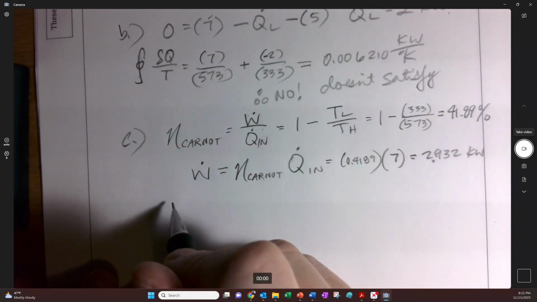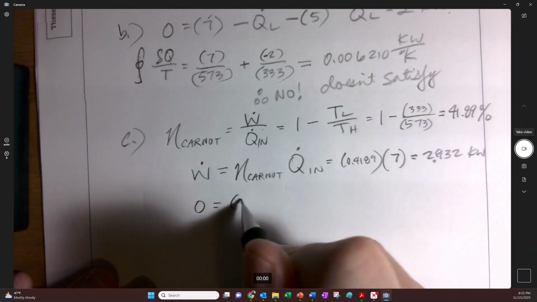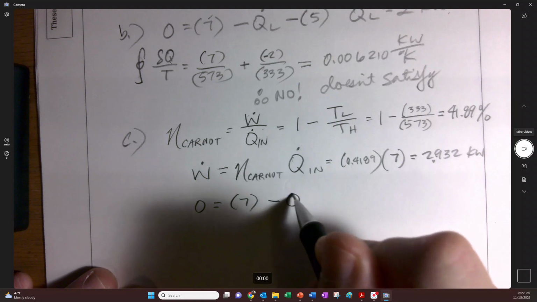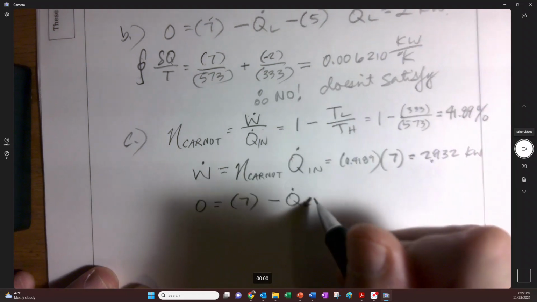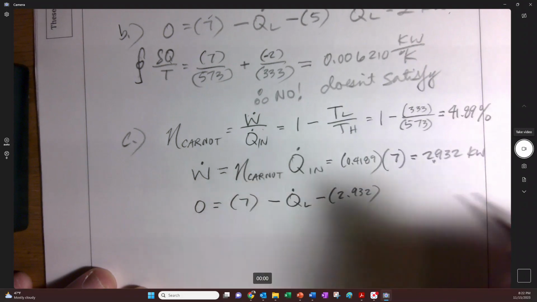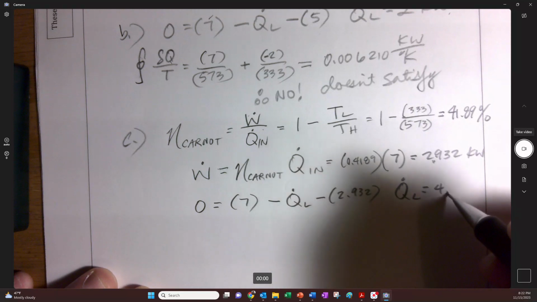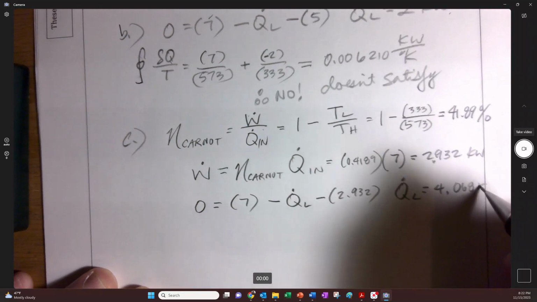And then if you go back to this, 7 minus Q dot L minus 2.932, Q dot L is then going to be 4.068 kilowatts.